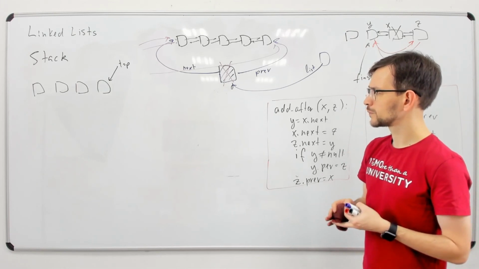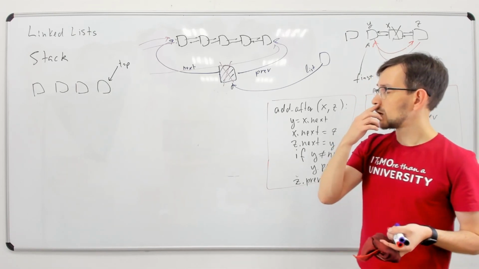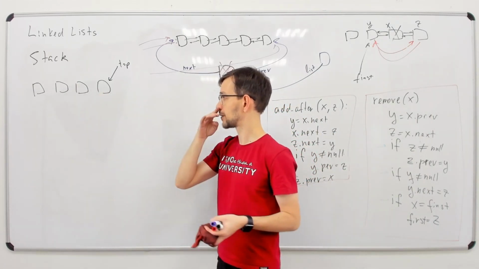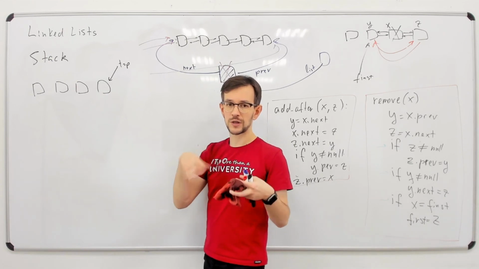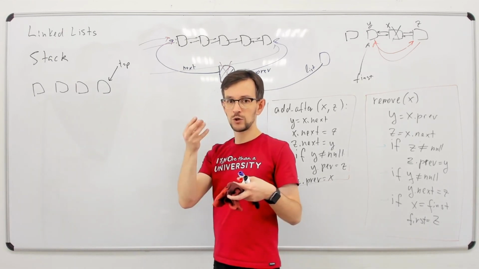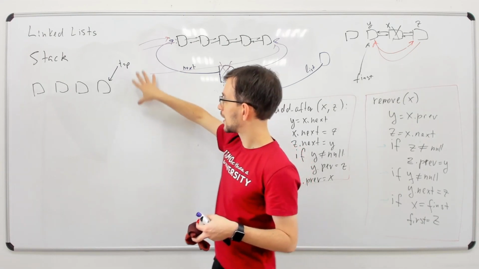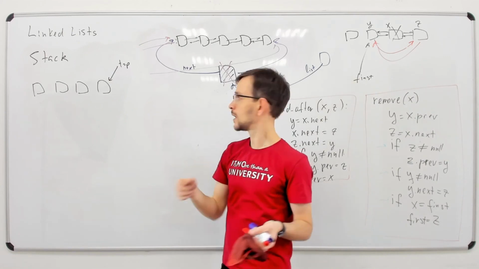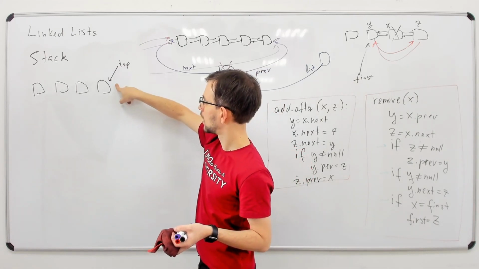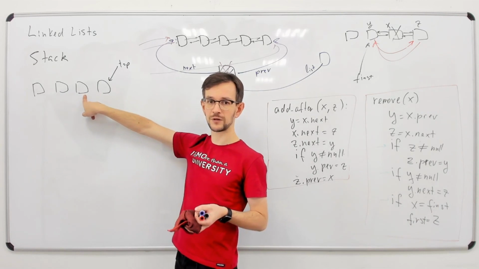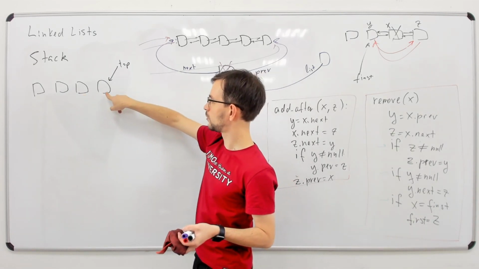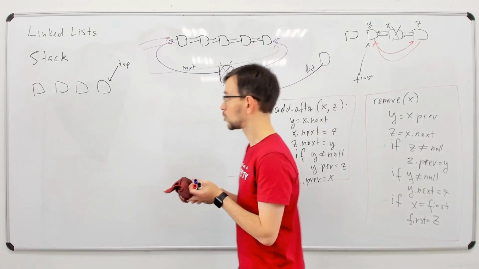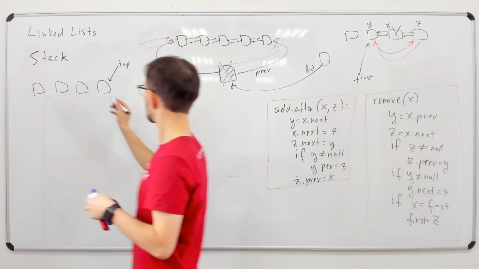Let's think in what direction we need links, from left to right or from right to left. When we remove this top, when we make a pop operation in our stack, we need to move this top pointer to the next element to the left. So we somehow need to be able to jump from here to here when we make a pop operation in the stack. So we need to have pointers from right to left, like this.